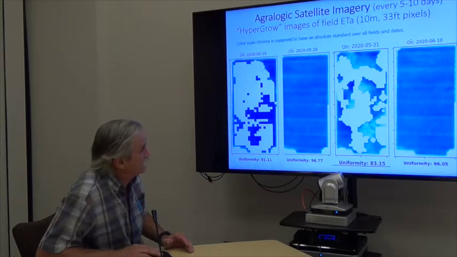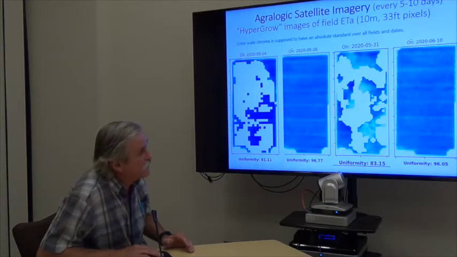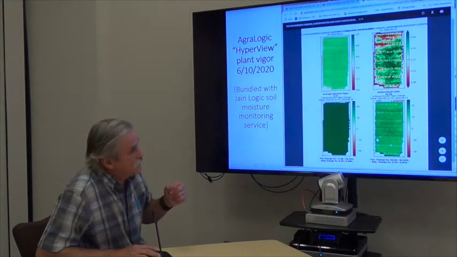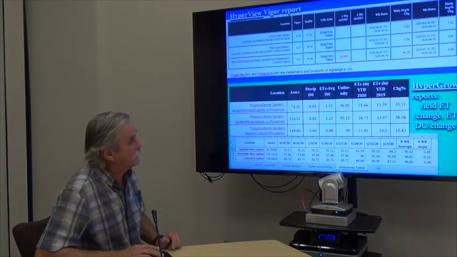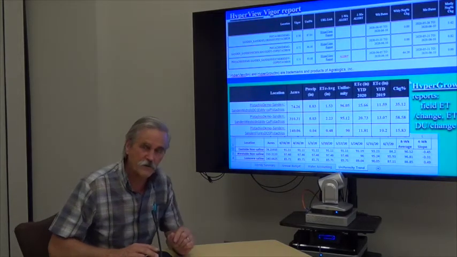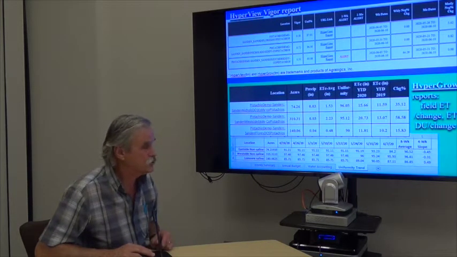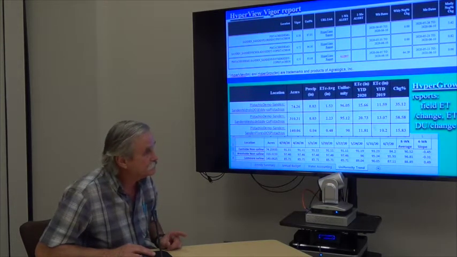So much larger pixels. The clouds can cover some of these images. That's what these white areas are. And they're also looking at this hyperview, NDVI, growth vigor thing. And what they're giving you right now is a combined Excel spreadsheet tracking of that uniformity and of the field ET.